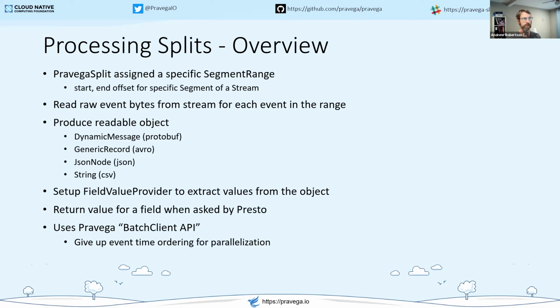And ordering doesn't necessarily mean as much for us, because the query can order it how it wants. We're reading these raw byte buffers and turning them into readable events, and setting up all the normal Presto conventions for extracting fields. So we end up with a list of field value providers, where Presto can ask us for a value for a field in a row.